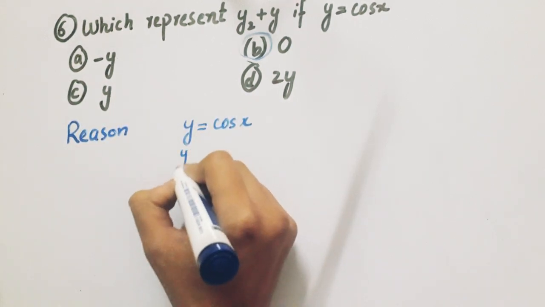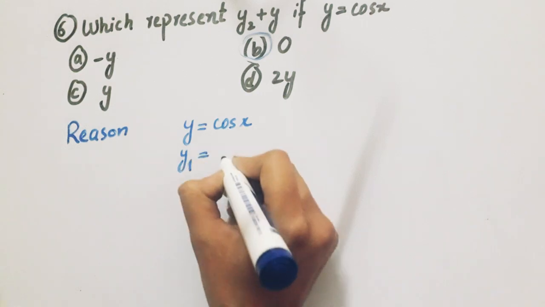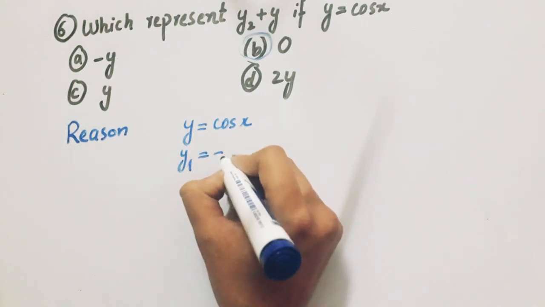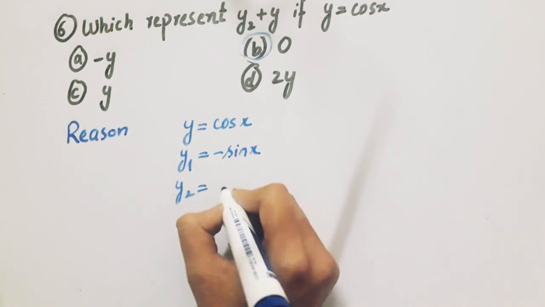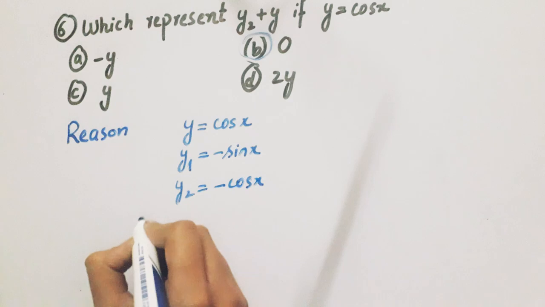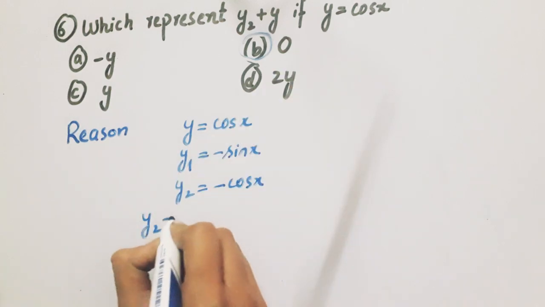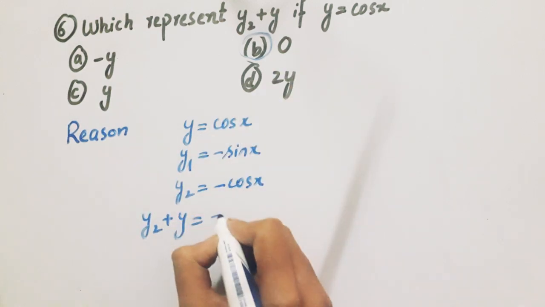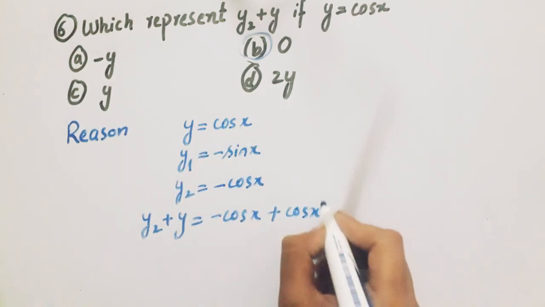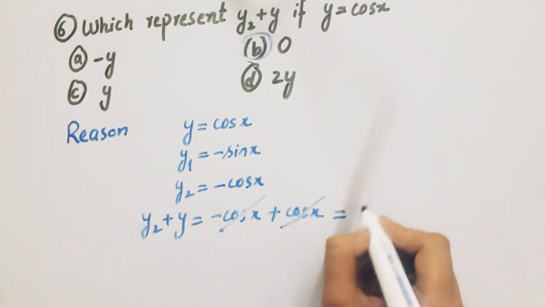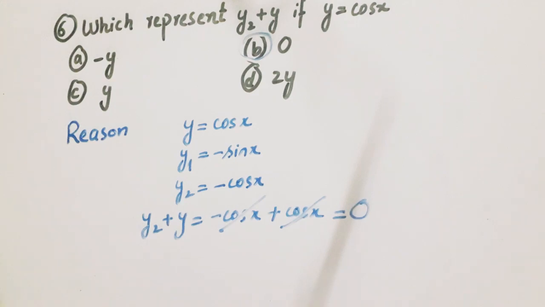So y1 means the first derivative of this. So the derivative of cos of x is minus sine of x. y2 means the derivative of this again. So the derivative of minus sine x is minus cos of x. So in the question you have y2 plus y. So y2 is equal to minus cos of x and plus y is equal to cos of x. So both terms cancel out and the answer is 0.